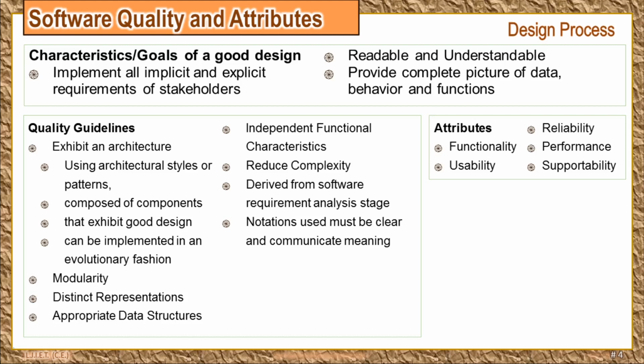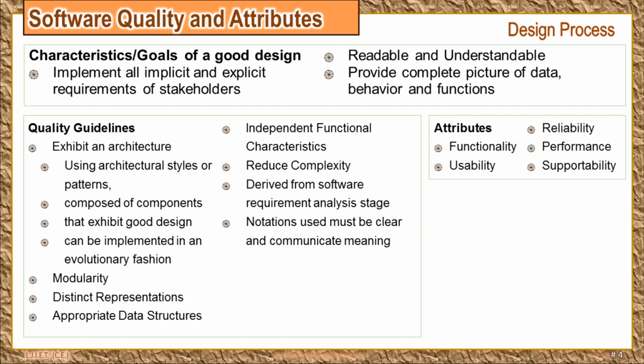A design should create interfaces that reduce the complexity of connections between components and with the external environment. A design should be derived using a repeatable method that is driven by information obtained during software requirements analysis. And a design should be represented using a notation that effectively communicates its meaning.